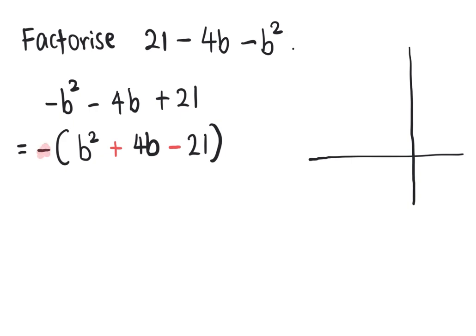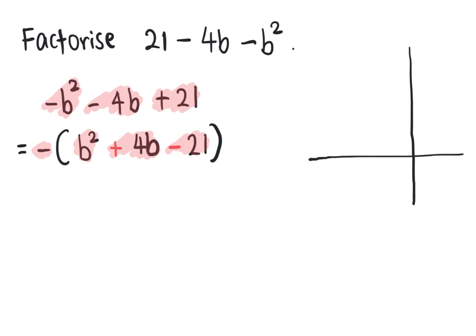If I were to do this again, negative times positive b squared will give me back my negative b squared. Negative times positive will also give me back my negative 4b. Negative times negative will give me positive. So they are still equal to each other, alright?